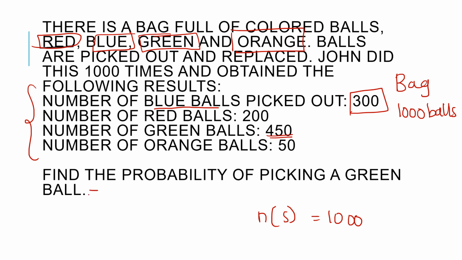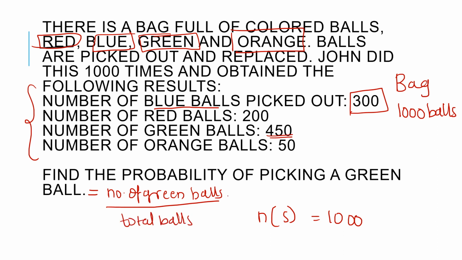The probability of picking a green ball would be the total number of green balls divided by the total balls. Green balls we have is 450.